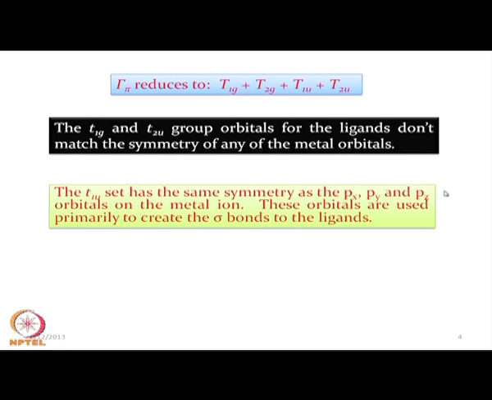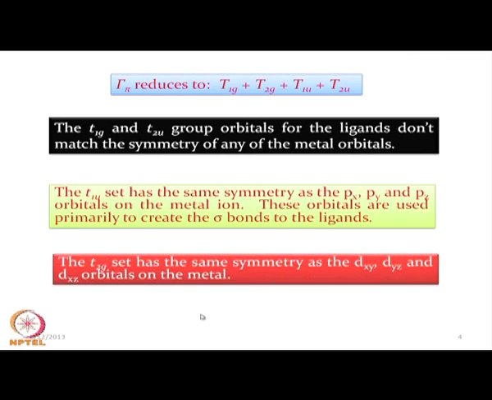So, these 3 orbitals have already been used up for sigma bonding interactions from the metal side. Though this T1u set of orbitals is available from the metal side, they have already been consumed for the corresponding sigma bonding interaction. And we do not have any matching orbitals of T1g and T2u type.